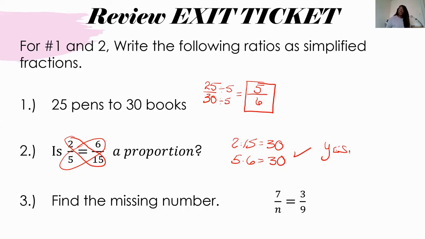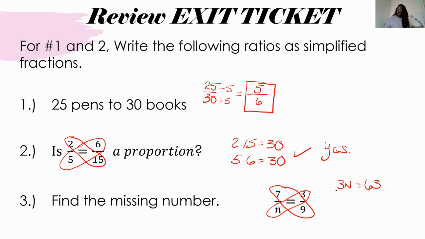Now we're going to do the same thing, but this time we're going to find the missing number. When we do our cross multiplication, 3 times n gives me 3n, and then 7 times 9 gives me 63. We're going to do another video on how to solve one-step equations, but in this case, when you don't see a plus or a minus sign between the number and the variable, you're assuming it's multiplication.